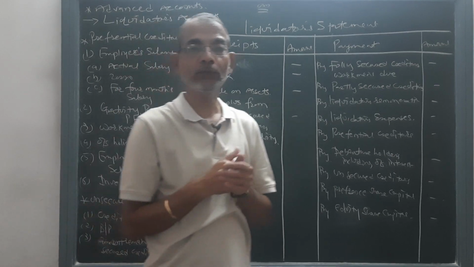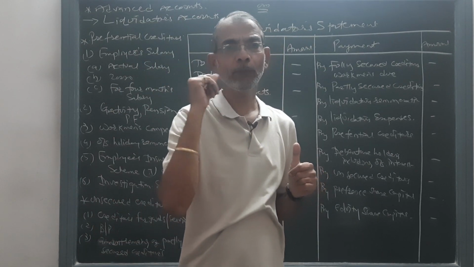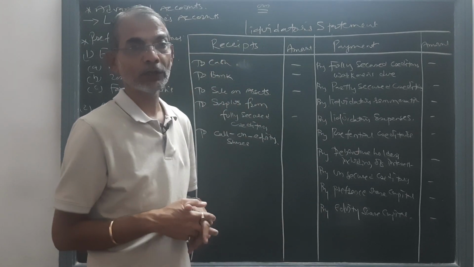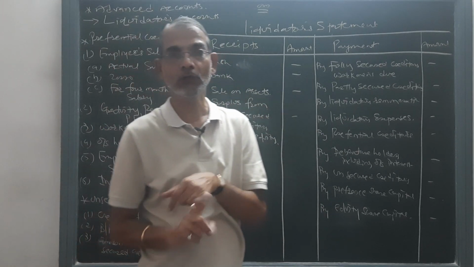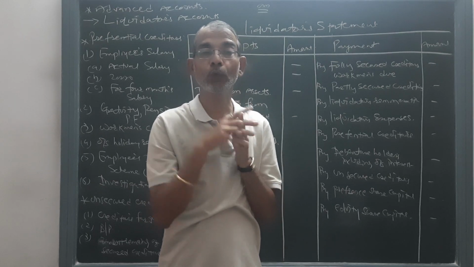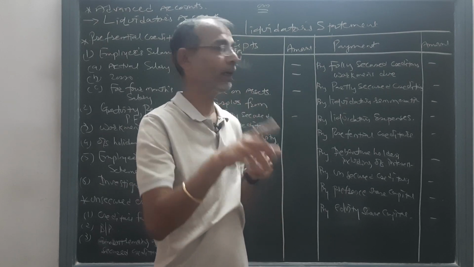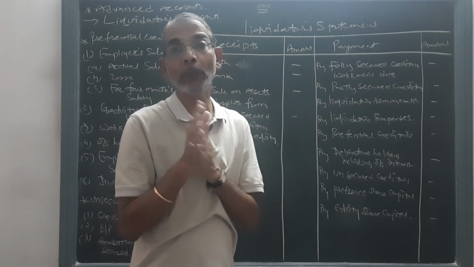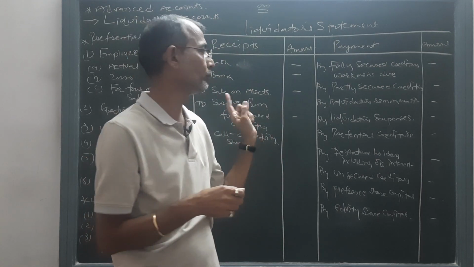Now whenever the turn of payments comes, in which way will payment be disbursed? First fully secured creditors will be paid, including workmen's outstanding wages or dues or salaries. Then after, partly secured creditors.